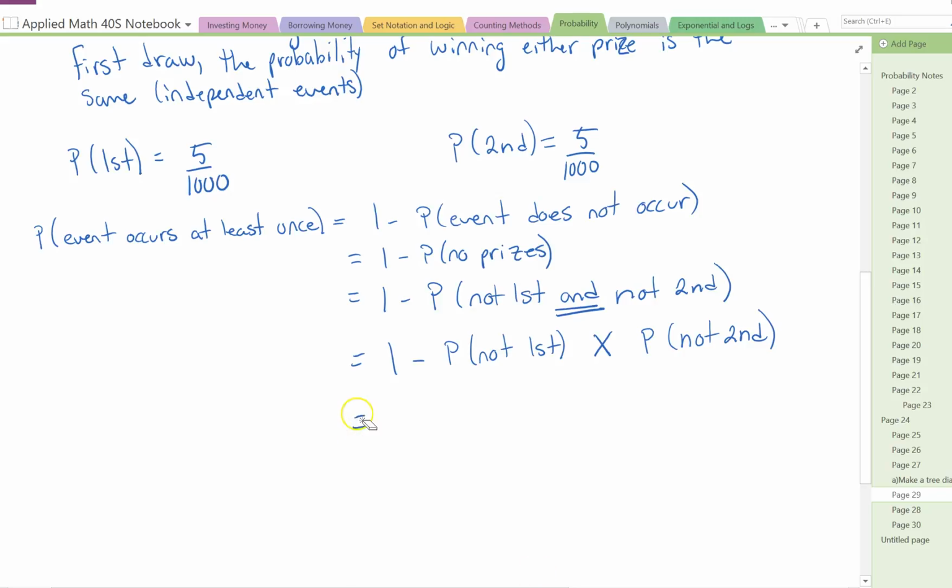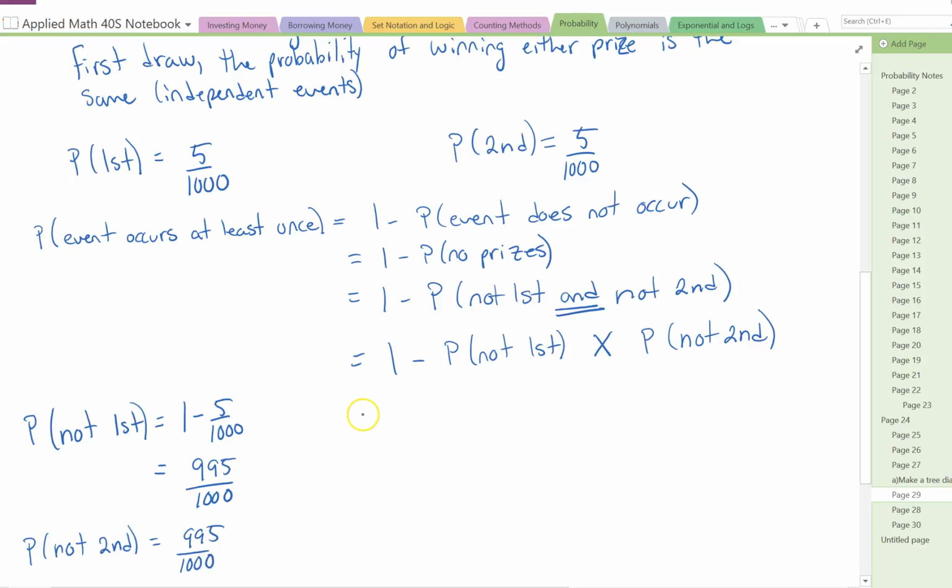If we do that on the side here, the probability of not getting the first prize would be 1 minus 5 out of 1,000. And that would give us 995 out of 1,000. That would be the same as the probability of not winning the second prize. 995 out of 1,000.